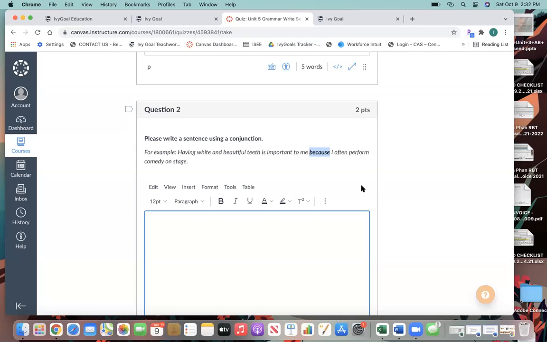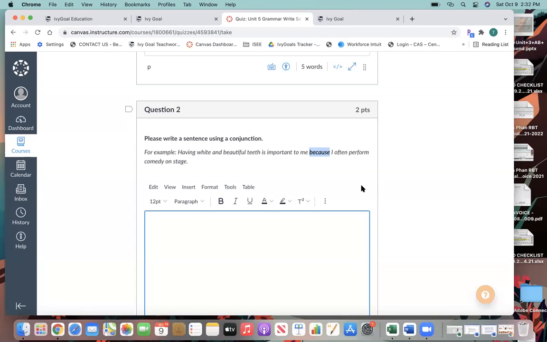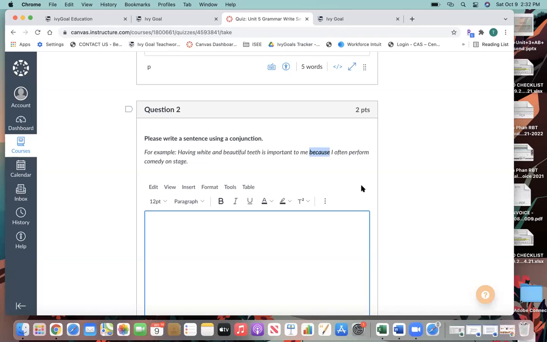Do you know? To connect two parts of a sentence. Good. And what types of words are usually conjunctions? What do you think? And, so, because. Very good.